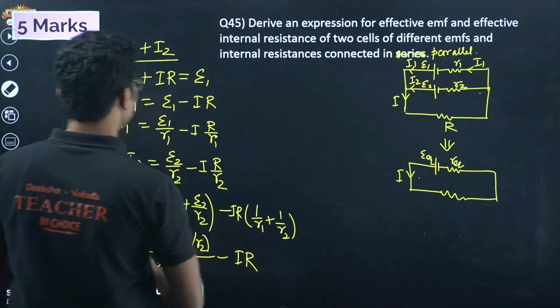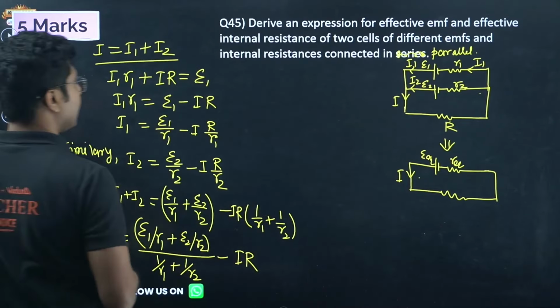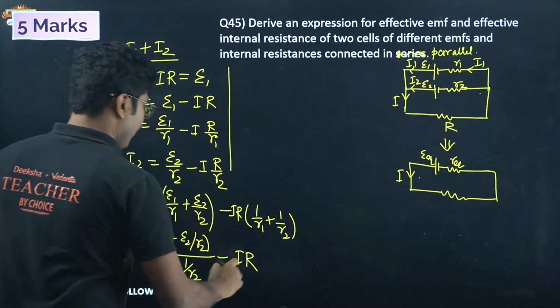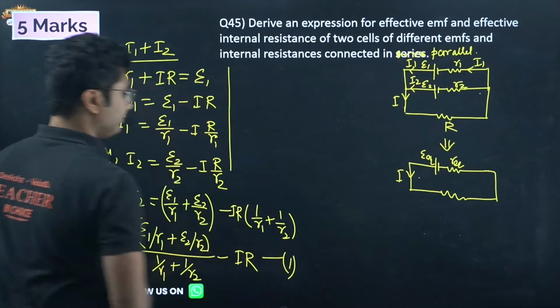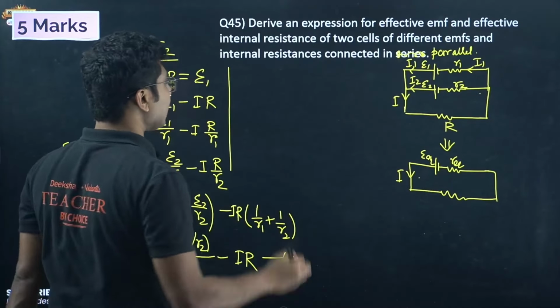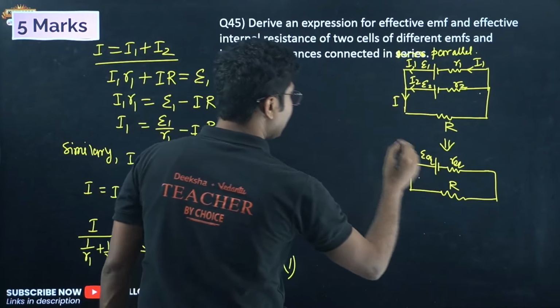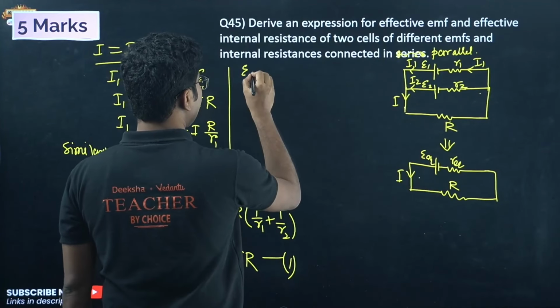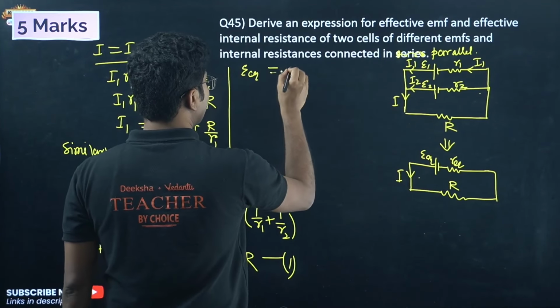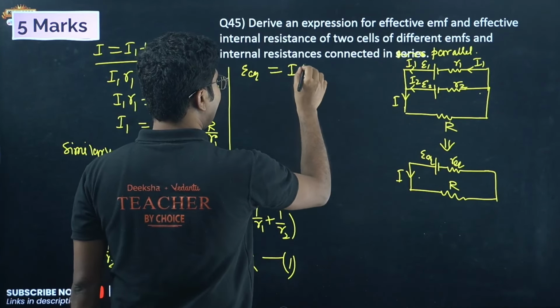Right, now we will do the same for the equivalent circuit and try to compare. So this is my equation number 1. Now for the equivalent circuit, current is I, equivalent resistance is R equivalent, external resistance is capital R. So we can say that epsilon equivalent must be equal to I R plus I into R equivalent.